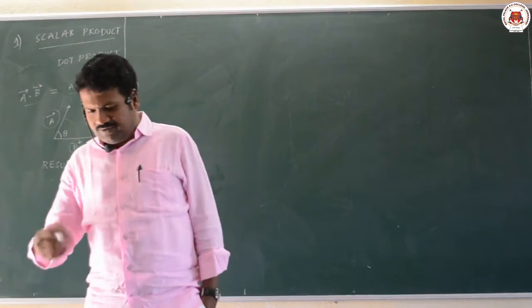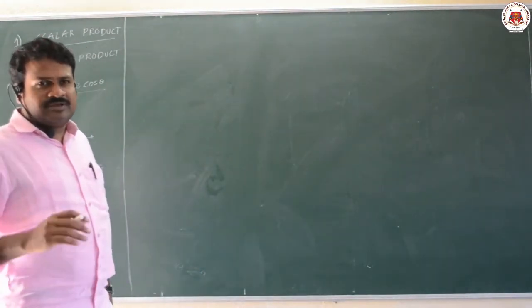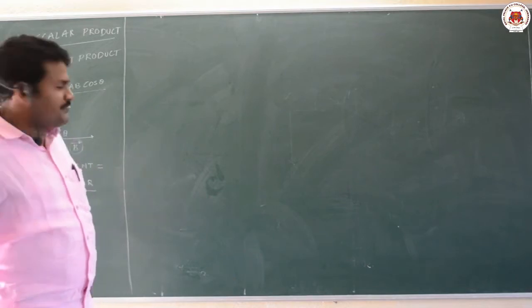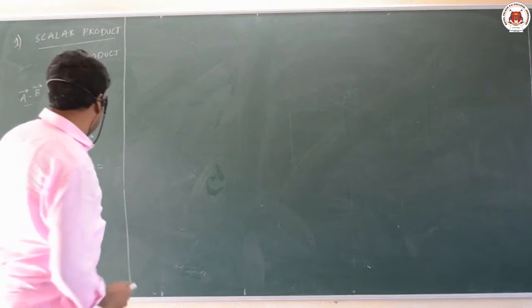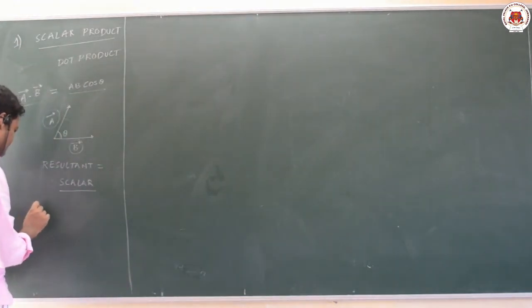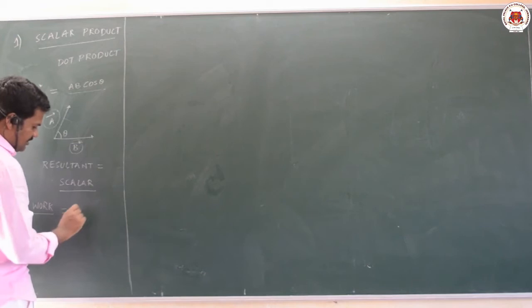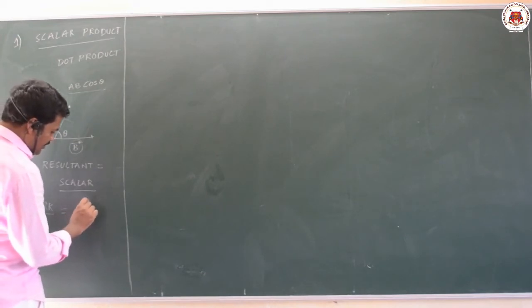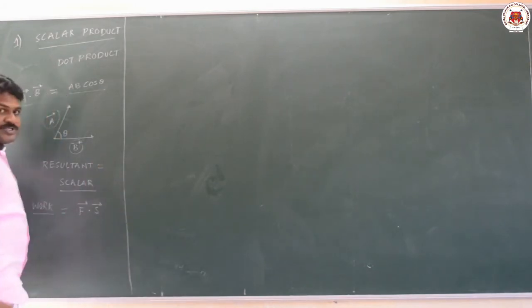Example for this: when you are studying your syllabus, in next chapters you will get examples for scalar product. One example is work. Work is a dot product of F bar dot S bar, force and displacement.